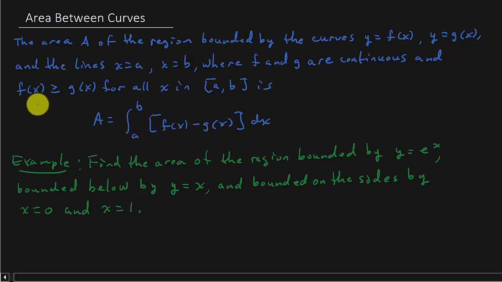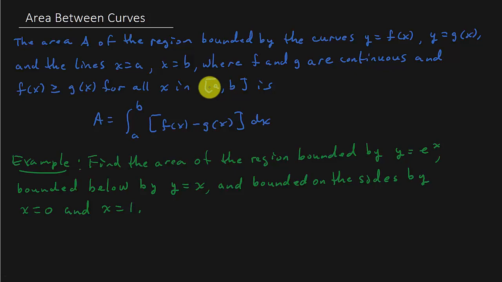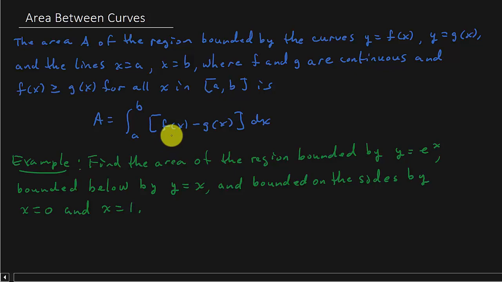See here, f of x is larger than g of x over this interval. So a simpler way to put it is the curve on top, which is f of x because it's larger than g of x, minus the curve on bottom. And then that'll give you the area between the two curves.